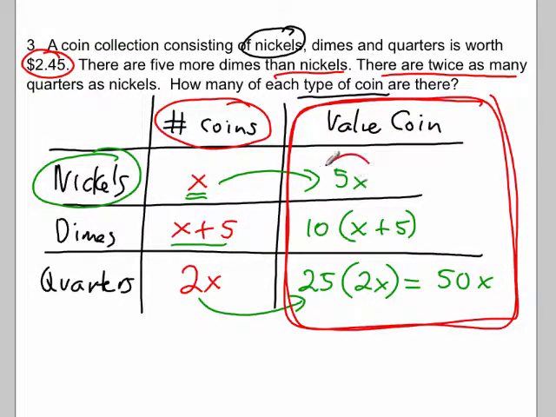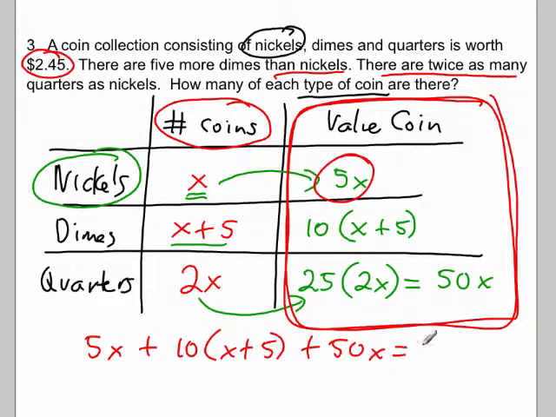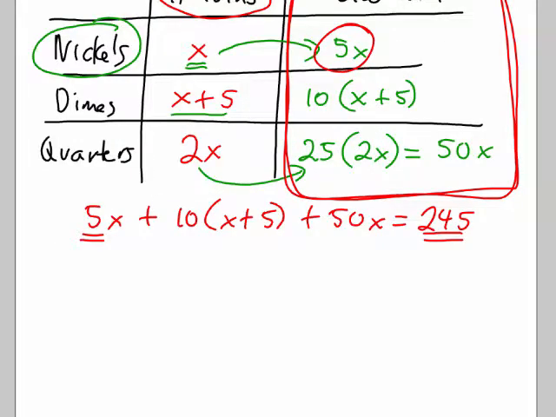So if I take the value of the nickels, 5x, and I add the value of the dimes, and I add the value of the quarters, I'm going to get $2.45, but I'm going to write 245 here as 245 cents. I'm doing that because my 5 is in cents, and so I want this number to be in cents as well.